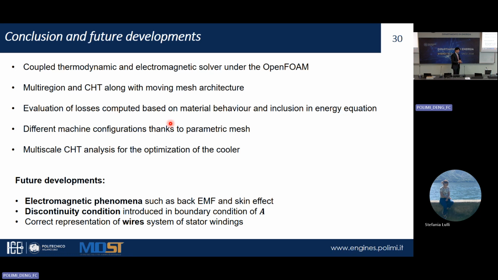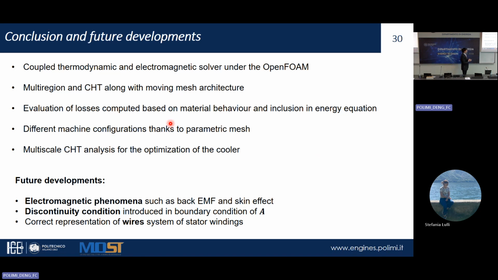Obviously, it's a work in progress. There are a lot of aspects that must be taken into account. For example, for the electromagnetic phenomena, we have the back electromotive force, which is something that operates against the power that is produced by the motor.